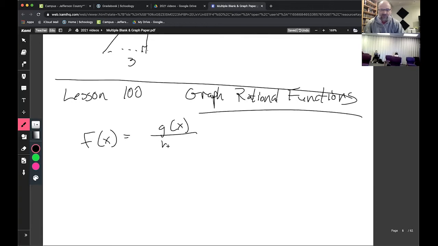So rational basically means, you know, it's the algebraic fancy word for fraction. So there's a fraction, but there's a function in itself on top and a function in itself on the bottom.